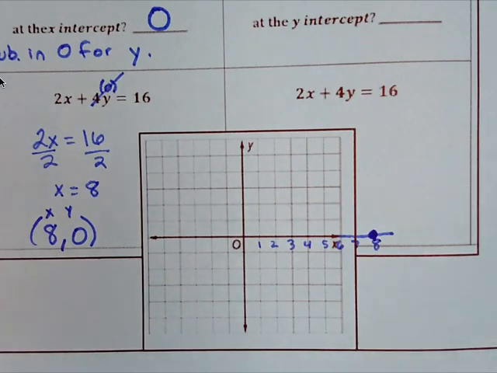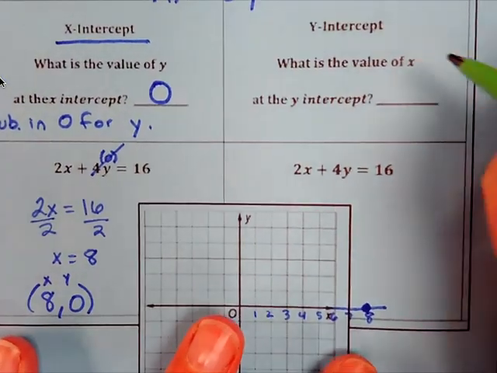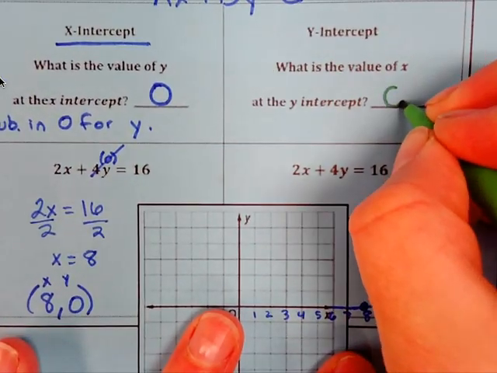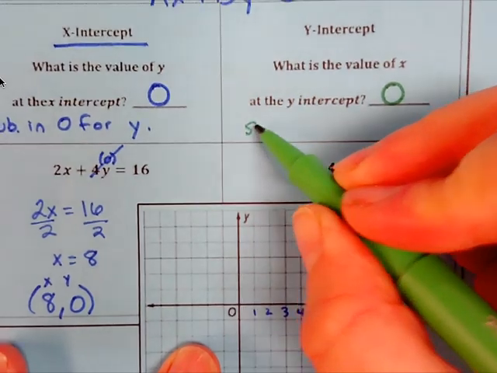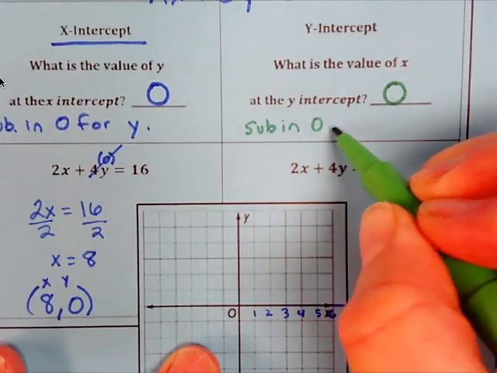And then to find your y-intercept, we are setting x equal to 0. So that means I'm going to sub in 0 for x.